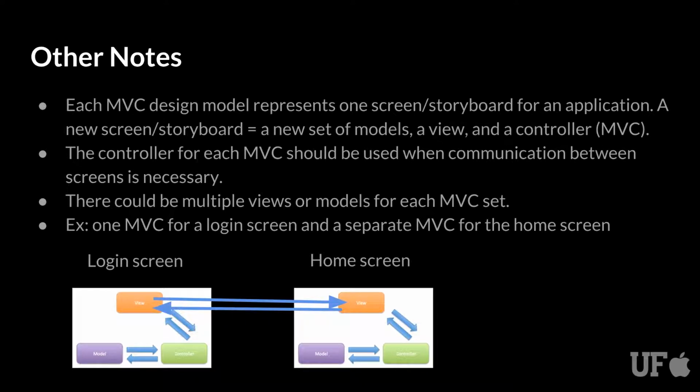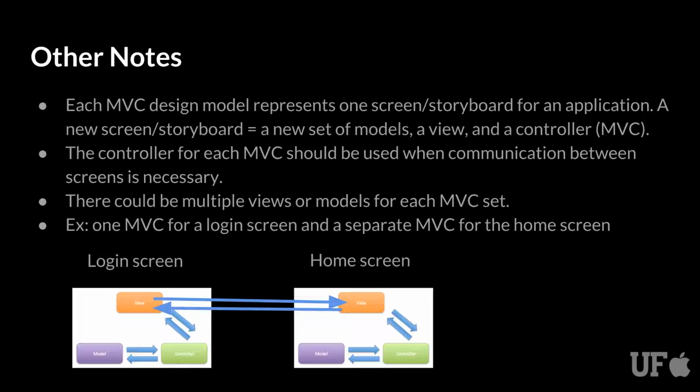Your controller would be calling a function if you tap on a button. If you tap on the camera button, the controller would then communicate that to either the model or the view or both. And your view is obviously the screen and all the things that make up that screen. That's one set of MVC.